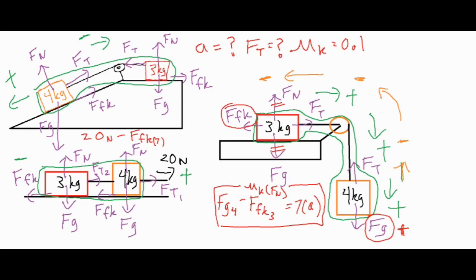And then the opposing side is going to be, again, this formula right here, the coefficient of kinetic friction times the normal force. So which is basically 0.1 times 7 times 9.8. And that equals, again, 7 times a, the mass of the whole system, times your acceleration. And you would divide both sides by 7 eventually to get your a.